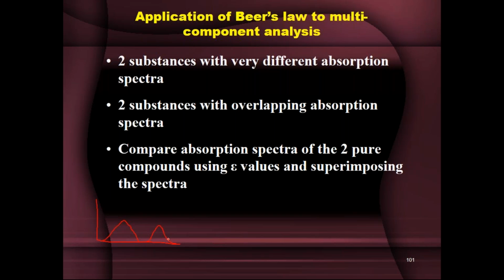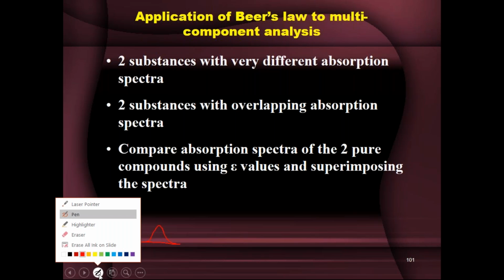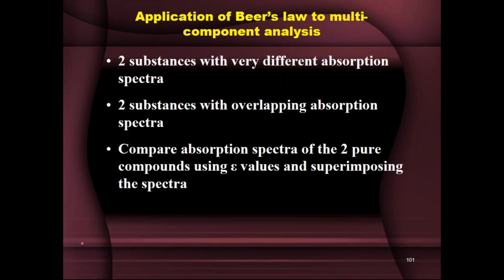At this wavelength, the second substance will not show any absorbance. At this wavelength, the first substance will not show any absorbance. So what we are actually doing is reducing it to single drug analysis. Though we have two drugs in solution, we first choose a wavelength at which only the first substance absorbs.